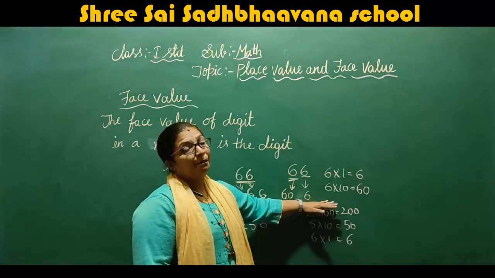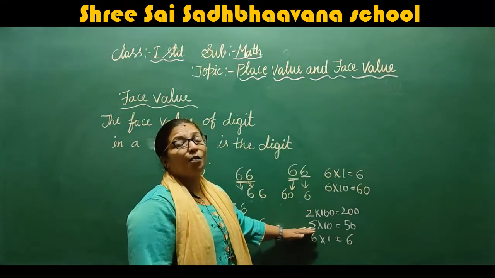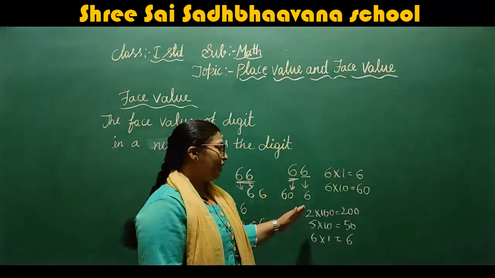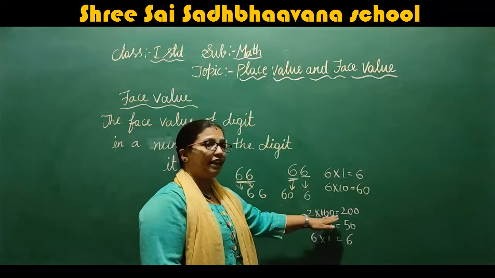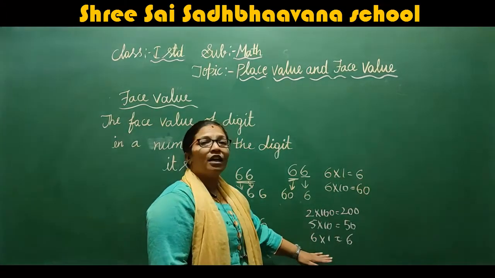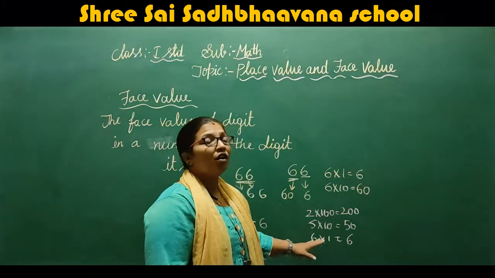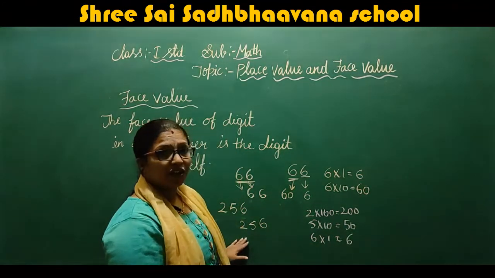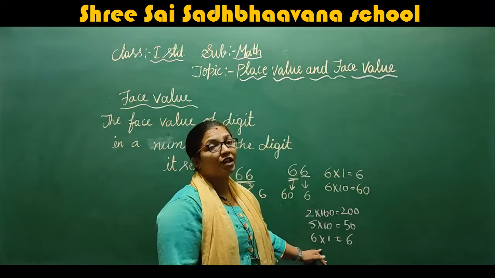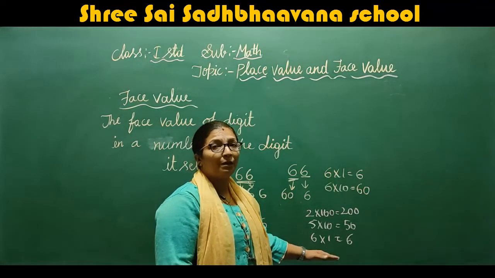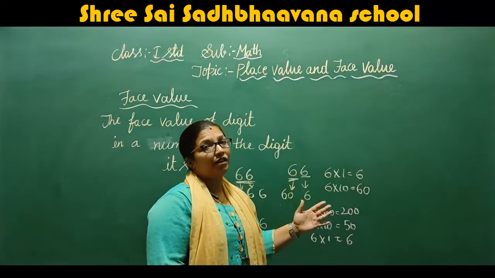But in place value, the digit's value depends upon position. So if it is in the 10th place, it will be 50, 60 like that. If it is in the 100 place, 200, 300 like that. If it is in the ones place, the number will be that number itself. So the difference is that here the digit will be the same; there the value will change according to the position of the number, whether in 100, 10 or ones.